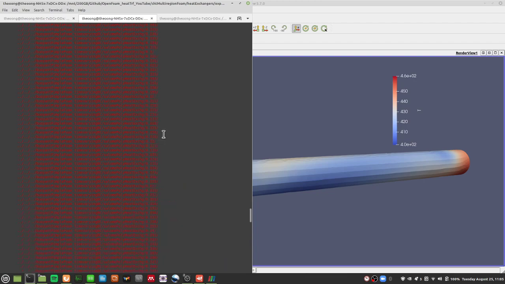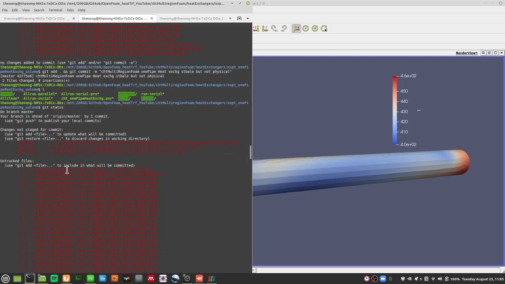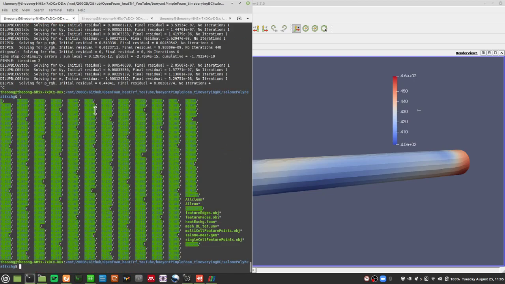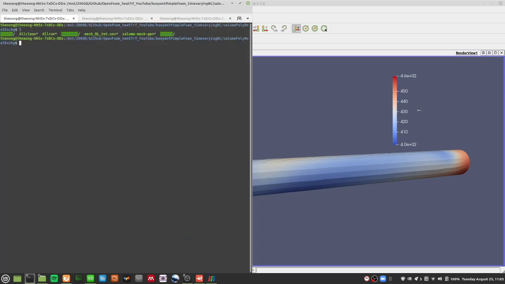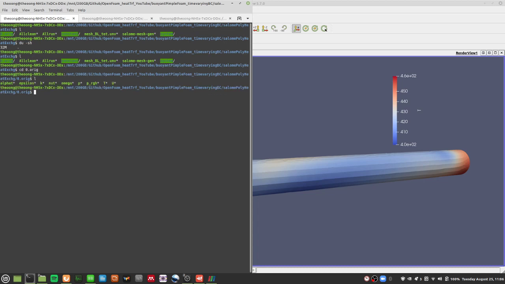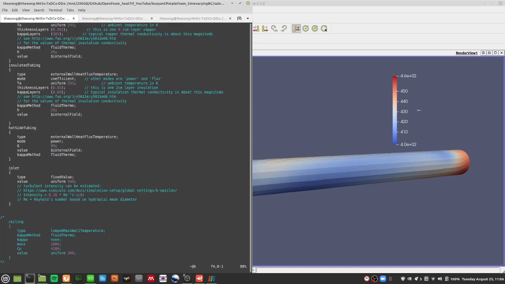Okay, so that's one. The other one I want to do is this part, the buoyantPimpleFoam heat exchanger. So let me just run an Allclean here, and that will clear out most of the files. I'm not going to commit those to git. Okay, so let me just do a few minor adjustments, at least here.